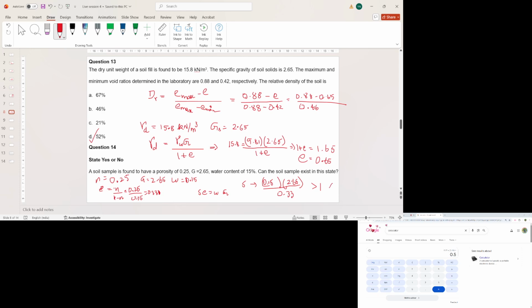Saturation is always less than or equal to 100%, so this fails the condition. Hence, soil cannot exist in this state. You can write it as not possible.